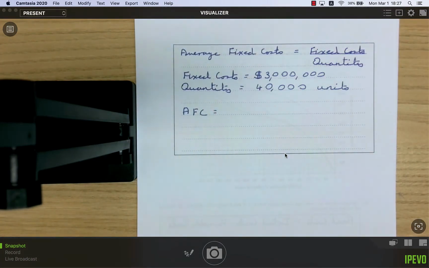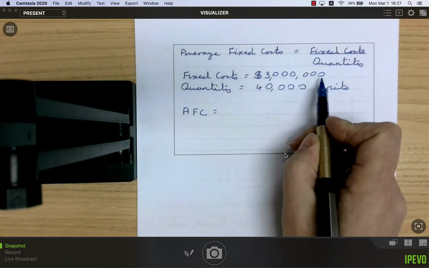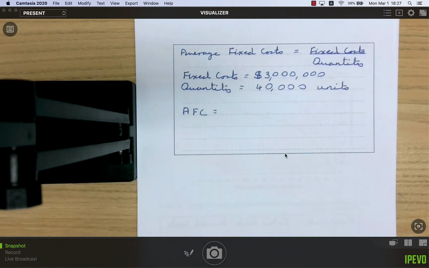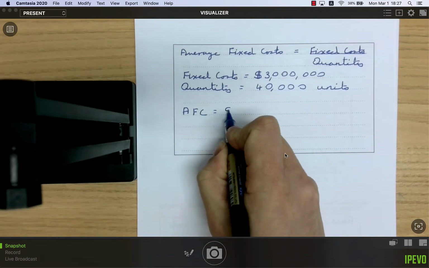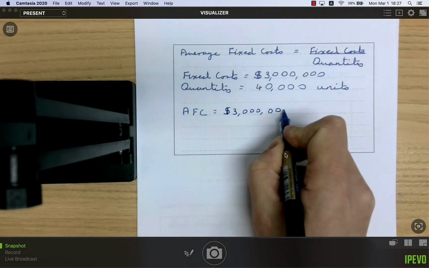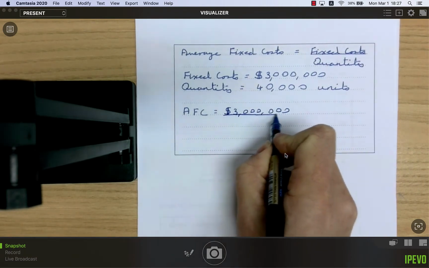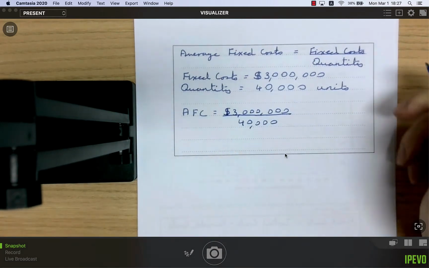Now, basically what we're saying here is that the fixed cost we were told in the question was 3 million, and the quantity that was demanded, if all tickets were sold, is 40,000. So what we've got here now is 3 million divided by 40,000, okay? And that's how you calculate average fixed cost, the fixed cost divided by the quantity, and you'll be given that in the question.